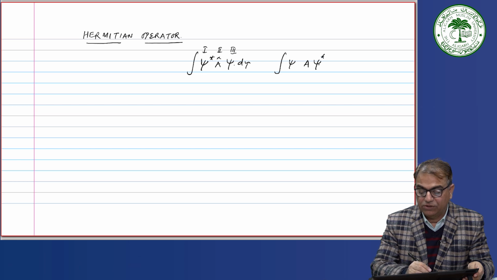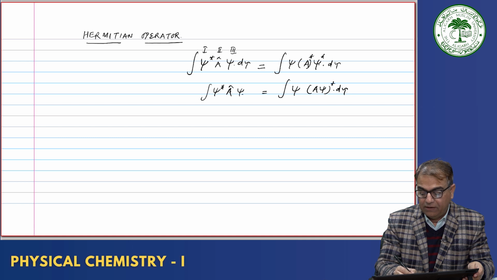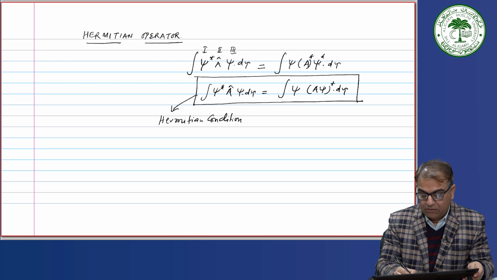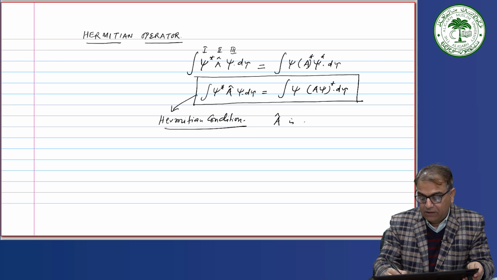Third you bring here, first you bring there, and you take the conjugate of the operator also, and if you equate it so that you can write this also as the integral of A psi star d tau, then this is called the Hermitian condition, and any operator A which follows this relationship is called a Hermitian operator.